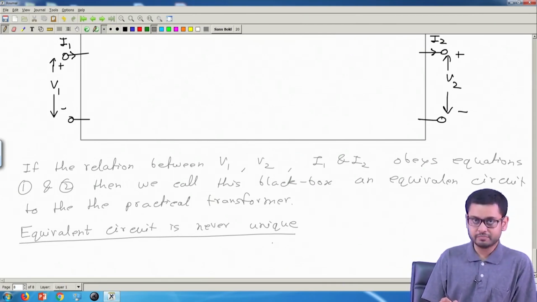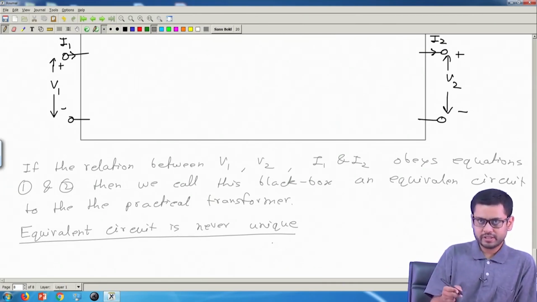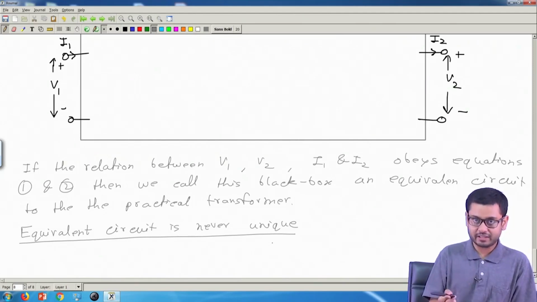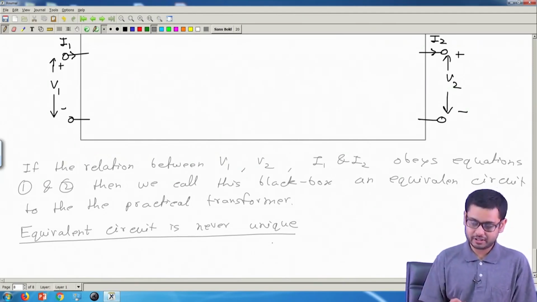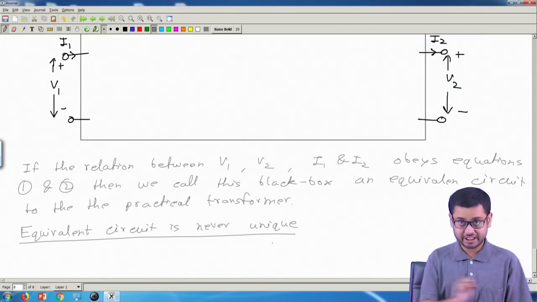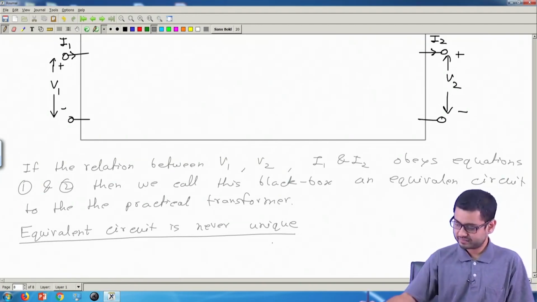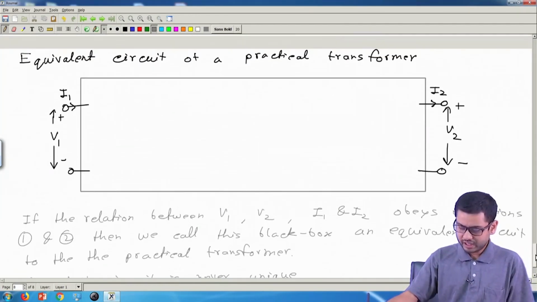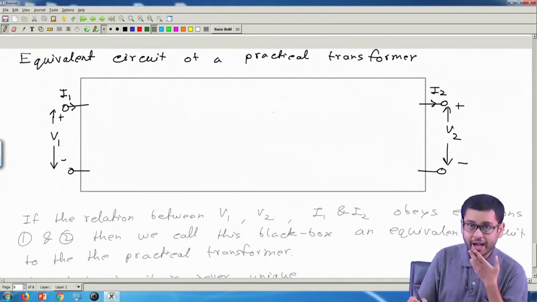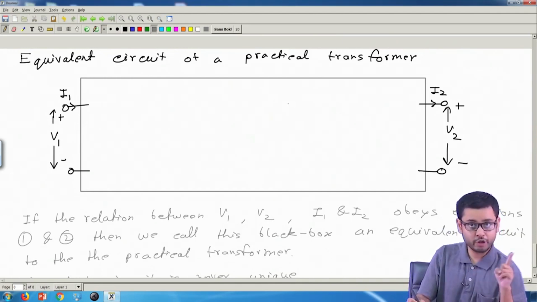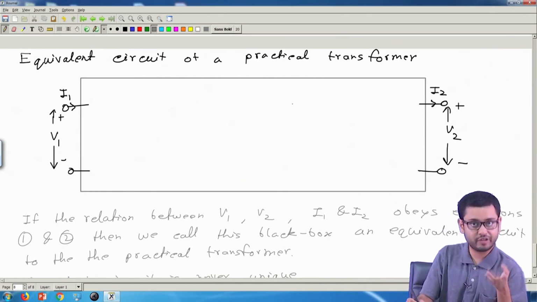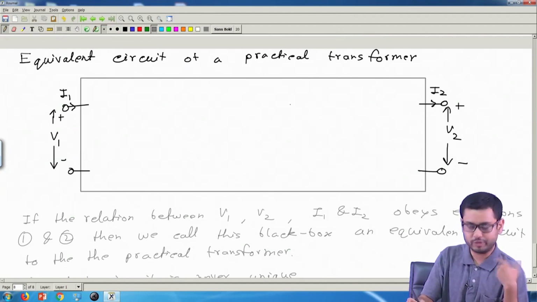We will show you the most practiced, most standard, most common equivalent circuit that people use, but this is not unique. Once again I am repeating, I can design it in many different ways, but I will do it in a way that is common to people.